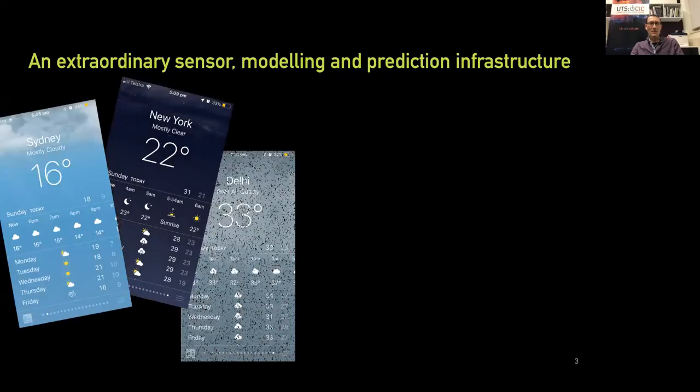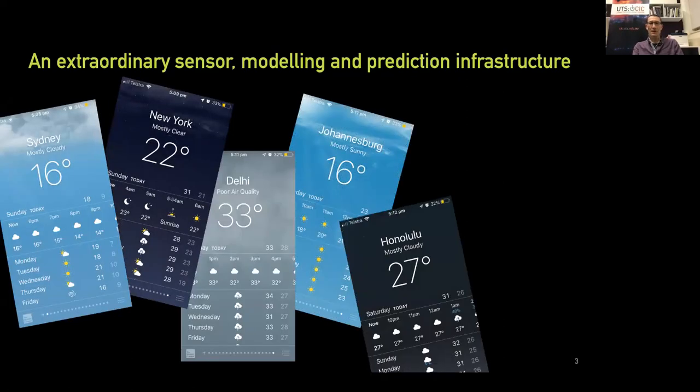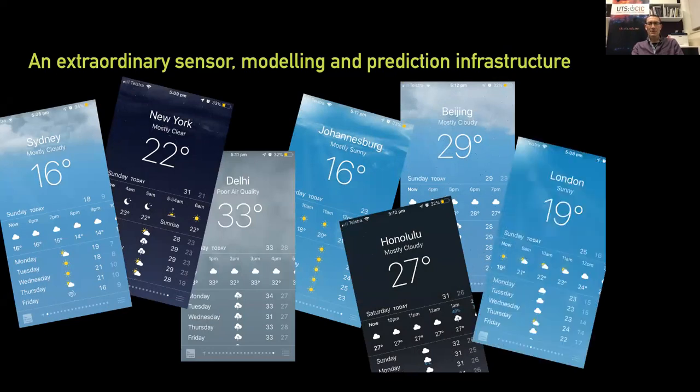Okay, so we're going to kick off by thinking about knowledge infrastructure and the remarkable ability that we now have to pull out a device from our pocket and, for example, see what the weather forecast is anywhere on the planet, pretty much. That's a pretty amazing ability.